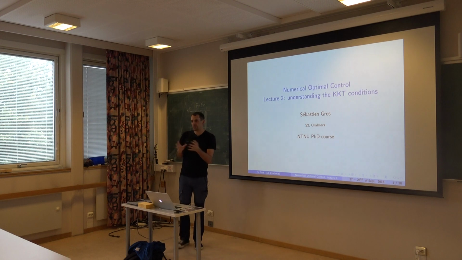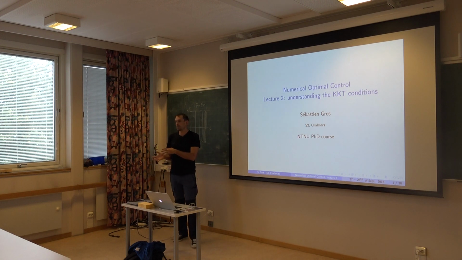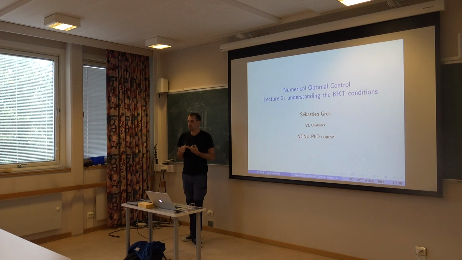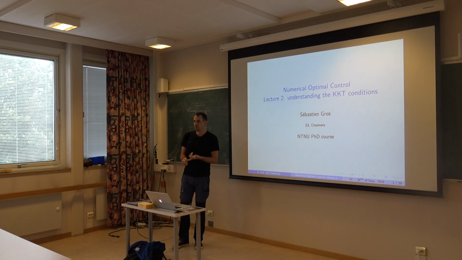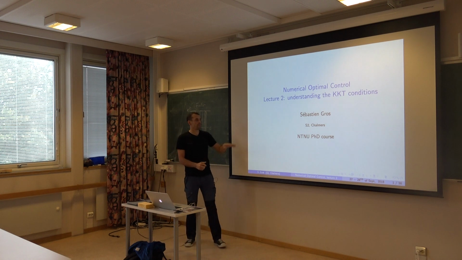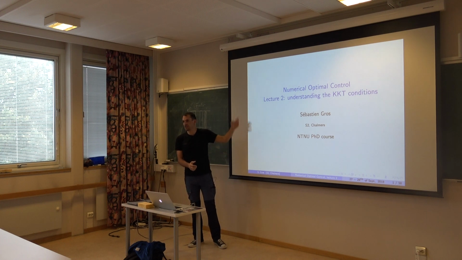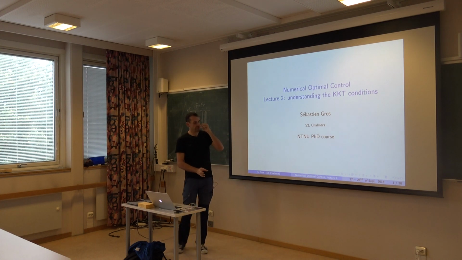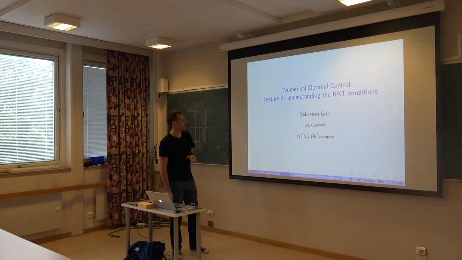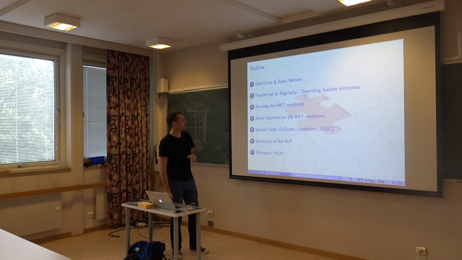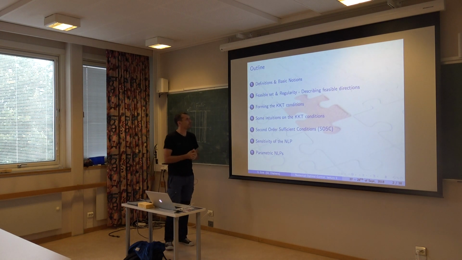It's kind of far away from the OCP question, but it's a very important thing to understand properly. Whenever things go wrong doing optimal control problems, it's often related to something that happens in this machinery that is hidden quite far below the optimal control problem. That will be important to understand.